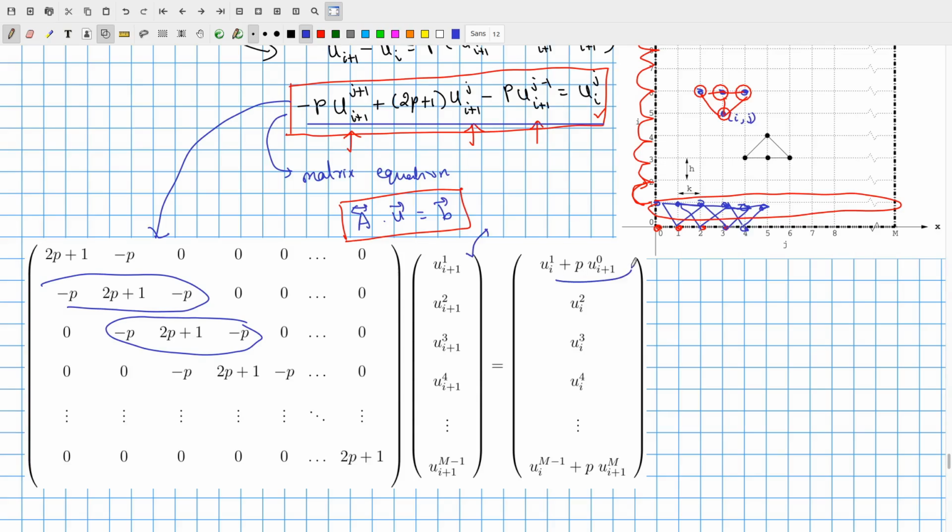You can see here I have actually rolled off the boundary points. The point which comes at this point gets rolled off here, and that's how this point comes here, and this is how we have constructed the matrix equation. And you can see this is nothing but a simple tridiagonal matrix.